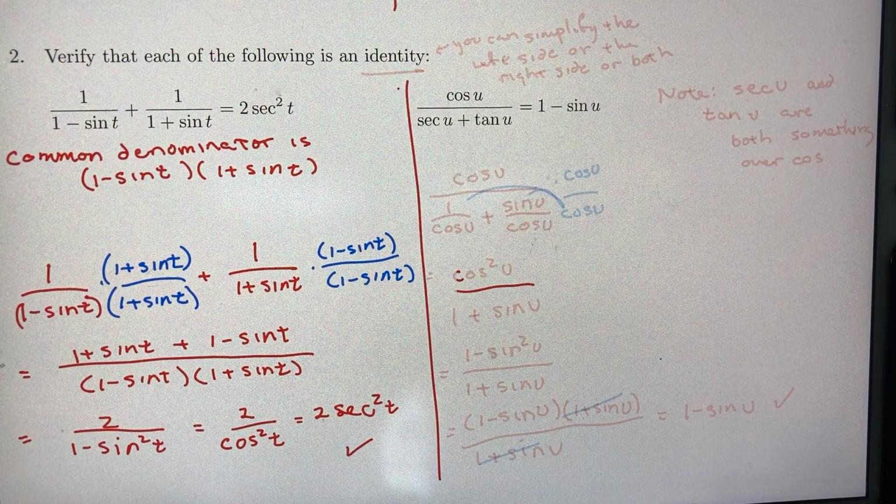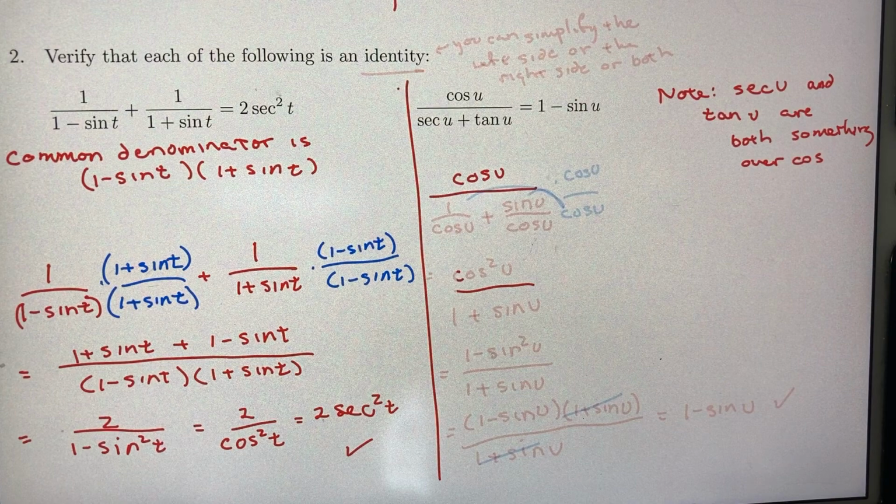Okay, next one, I'm going to note that secant and tangent share a common denominator, cosine. So I'll write it this way. I'm going to turn things into sines and cosines and hope for the best. Secant's 1 over cosine, tangent is sine over cosine.